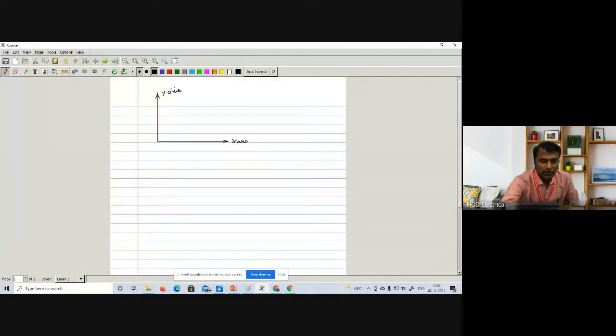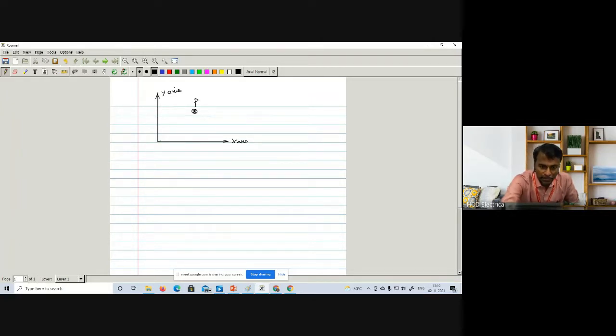So in this Cartesian coordinate system, if you want to represent one point, this is the x-axis and this is the y-axis. A point here will be the contribution of the x-axis variable as well as the y-axis variable.